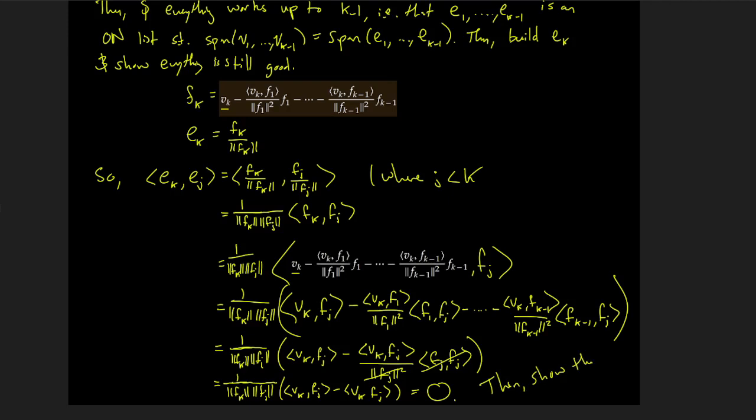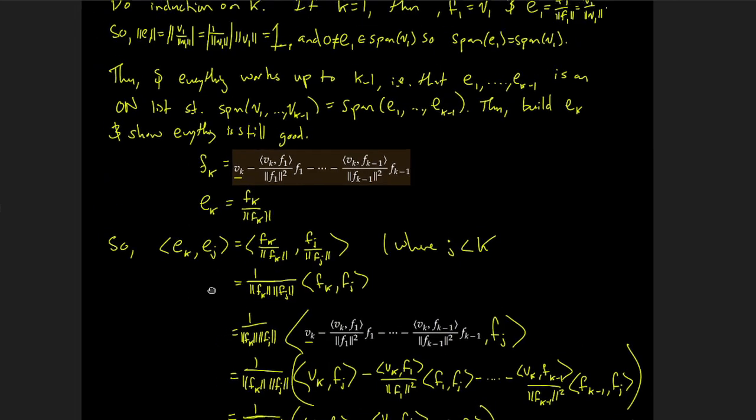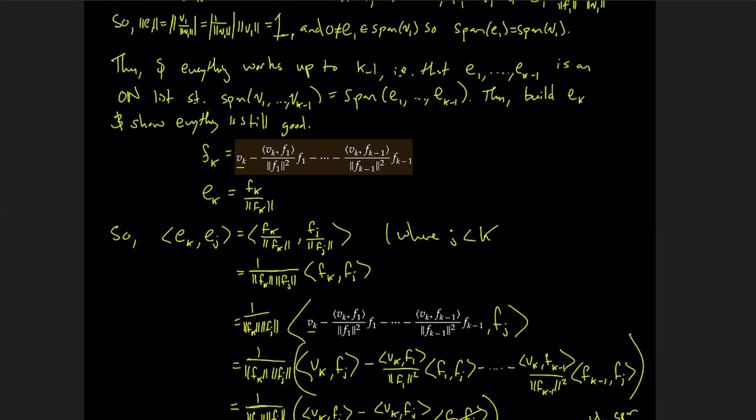I guess I should say that then we should show the span bit. Which is not bad. So maybe you don't believe me there. But if you want to do the span bit, that is to show that the span of v1 through vk is equal to the span of e1 through ek, all you got to do is note the span of v1 through vk minus 1 is equal to the span of e1 through ek minus 1.